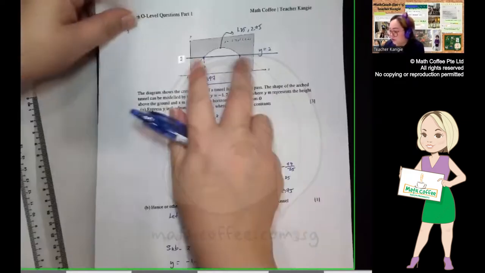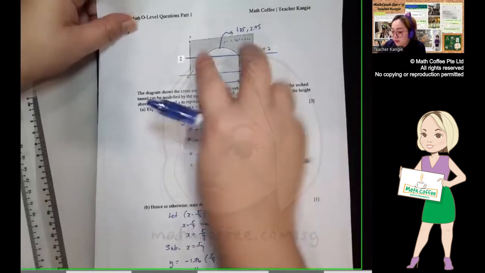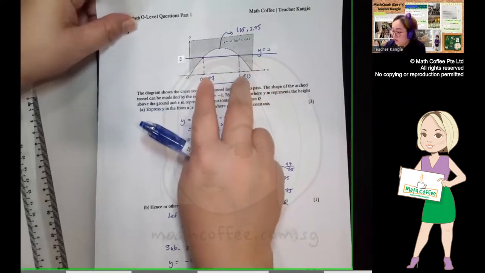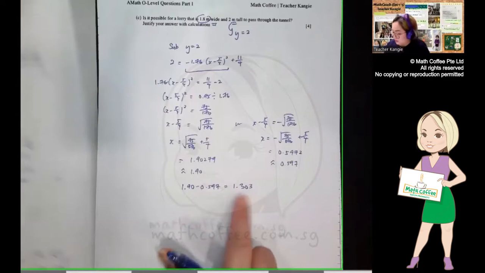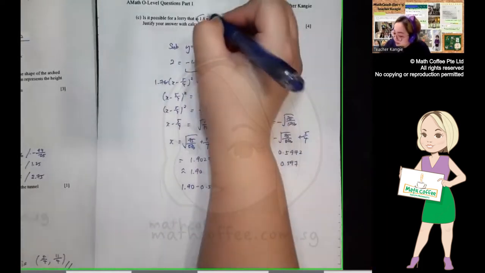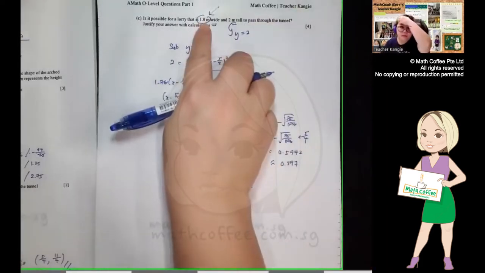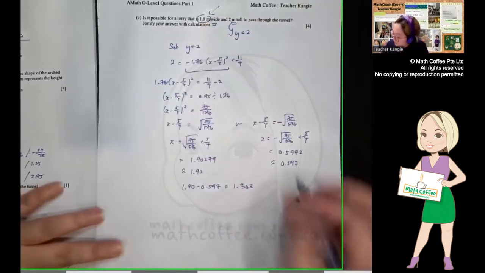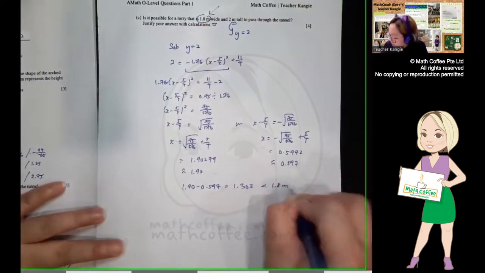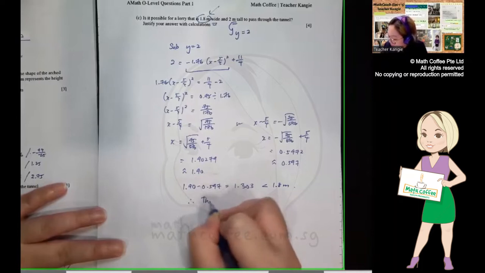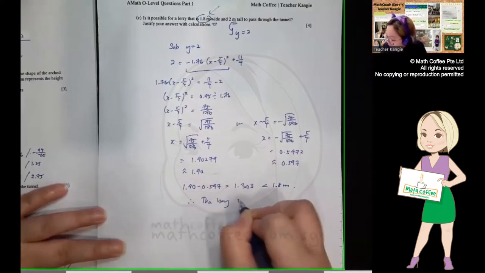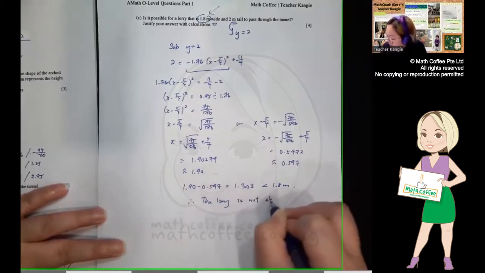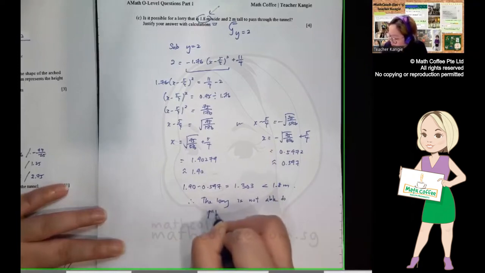So for a height of 2, the width is only 1.303. And you can see that the lorry is 1.8 meters wide, so this is less than 1.8 meters. Therefore, the lorry is not able to pass through the tunnel.